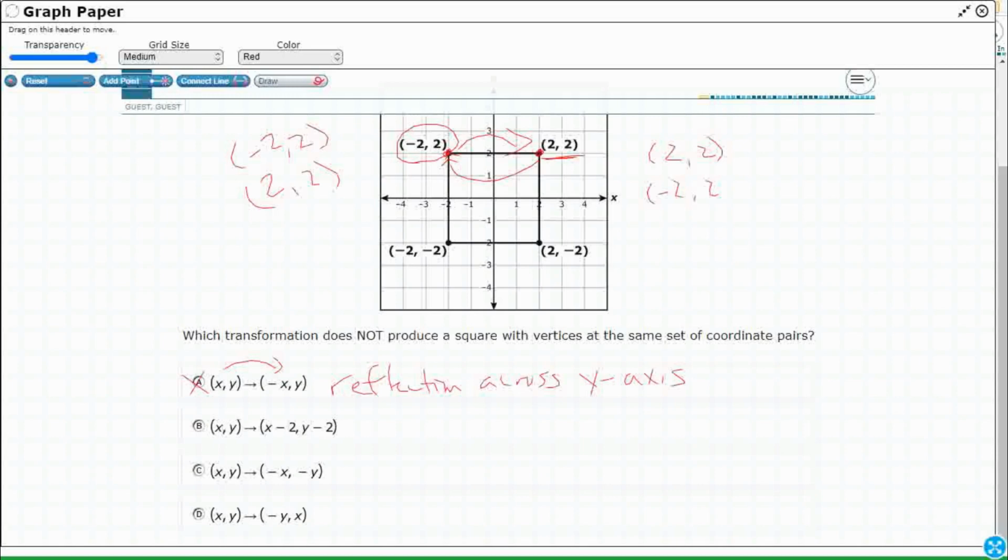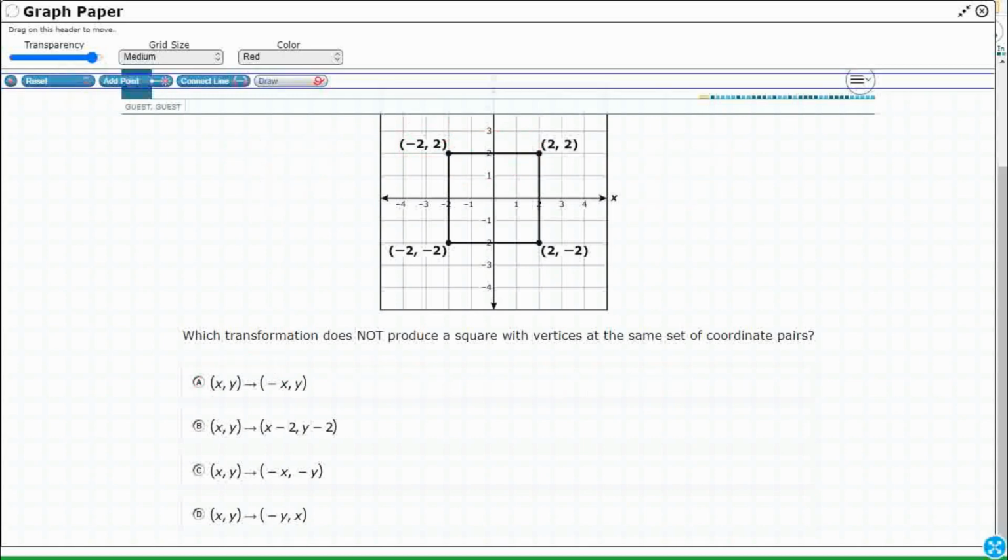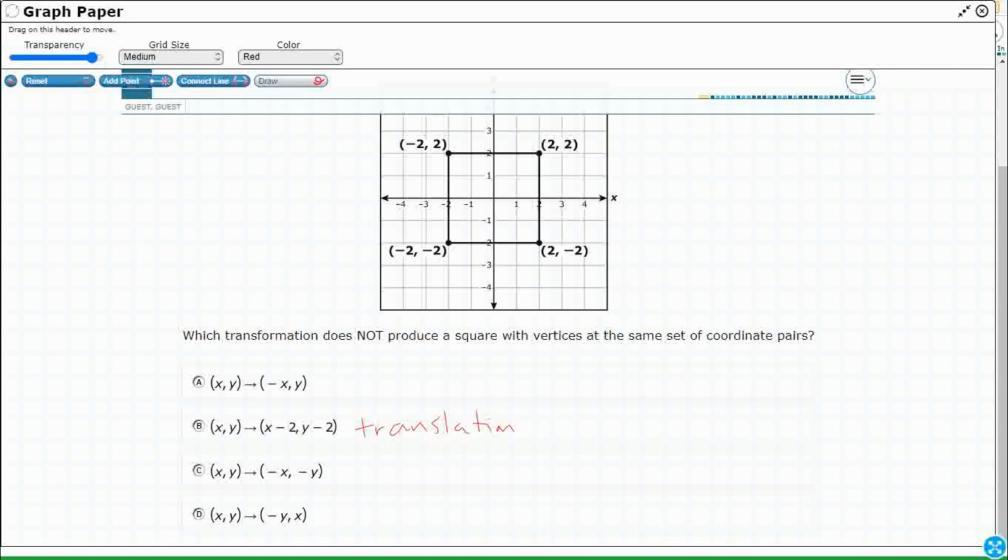So let's see what happens with B. B is going to be a slide. It is going to be a translation. And when we have the translation, everything's going to move. It's going to move a little bit to the left, because the x is negative 2, and a little bit down. And that is definitely going to shift our vertices. Take a look at this right here.